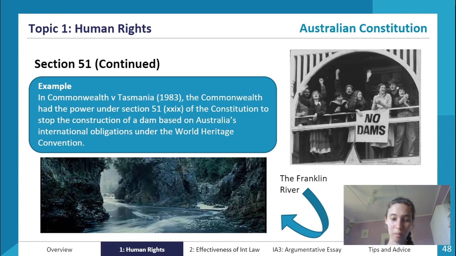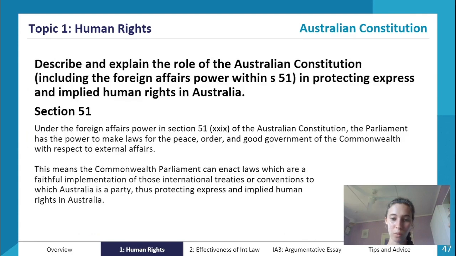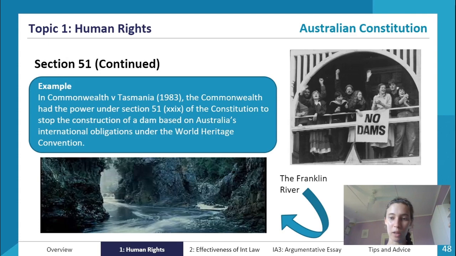So, making that decision based on needing to be in alignment with those other international obligations. So, whenever the Parliament is making a decision, they need to consider those other things that they've already signed.